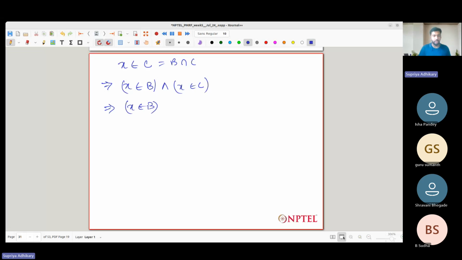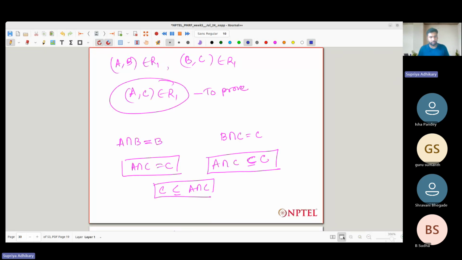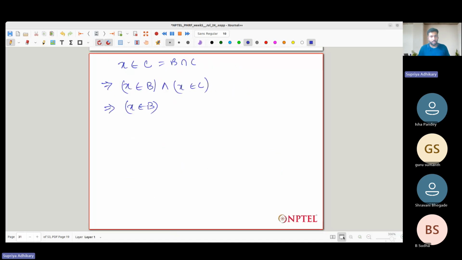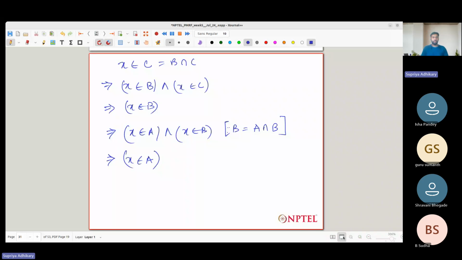Now this X belongs to B, and B is equal to A intersection B, so we can say that X belongs to A and X belongs to B. From there we can conclude that X is indeed in A.